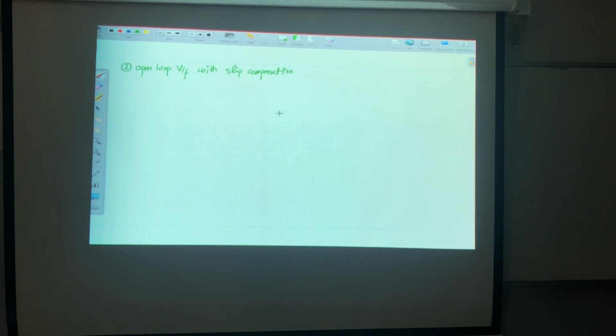And to pave the way for that, let's recall the torque of the machine. Do you remember the relation of the torque?